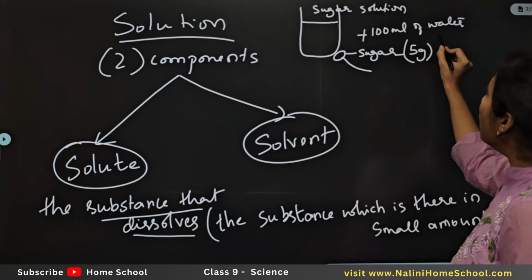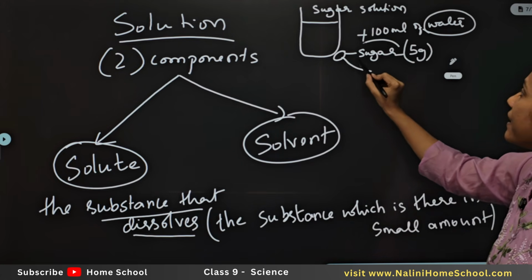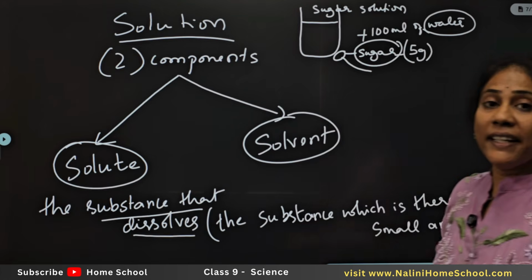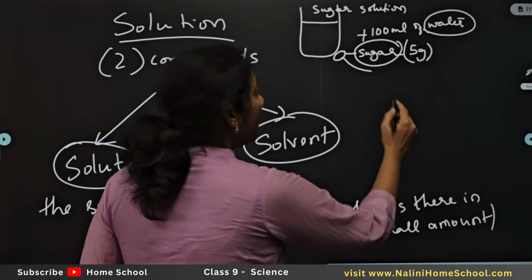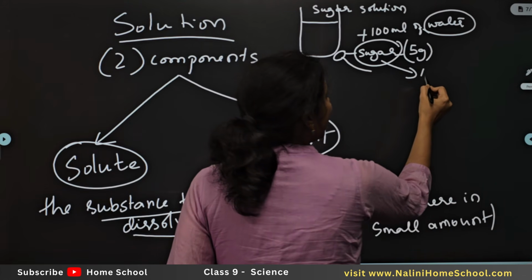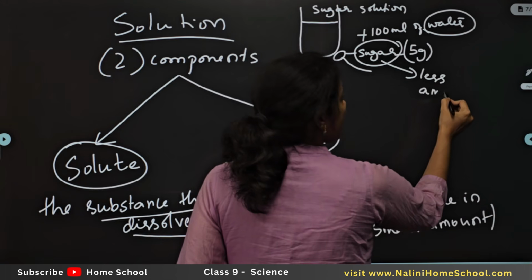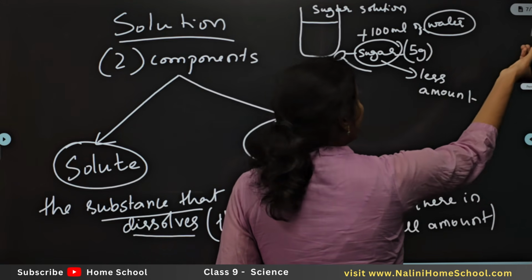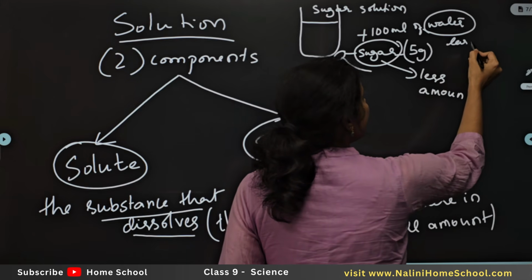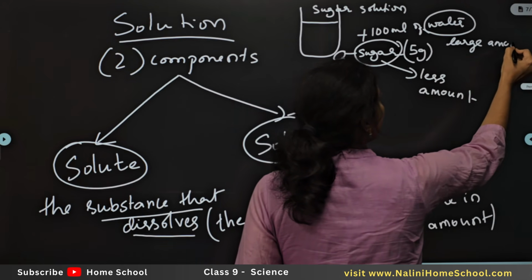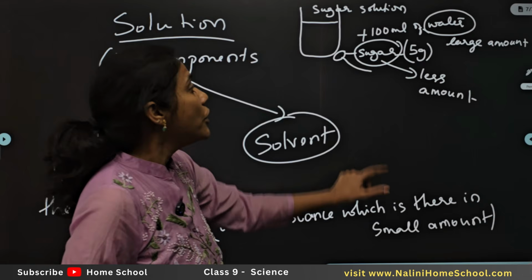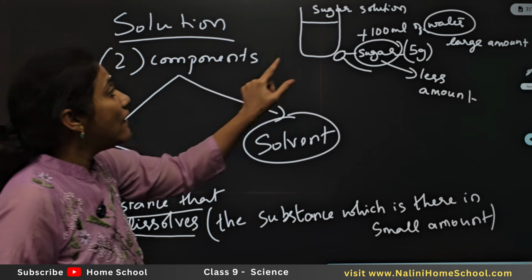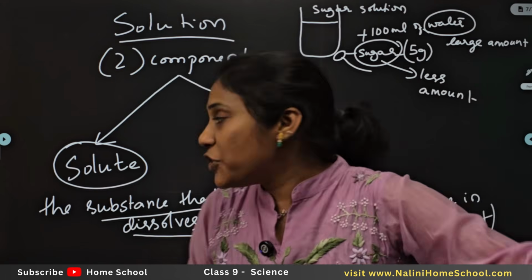Now there are two components here: one is sugar, the other one is water. Which one is there in small amount? Obviously sugar is there in less amount. Water composition is very, very high. Water is there in a large amount. So here, sugar is called the solute.